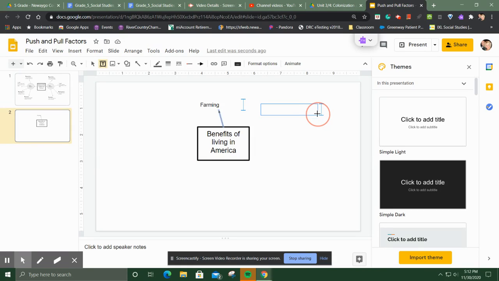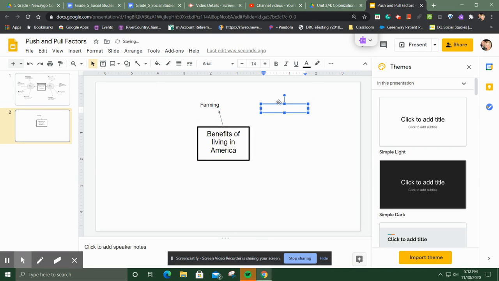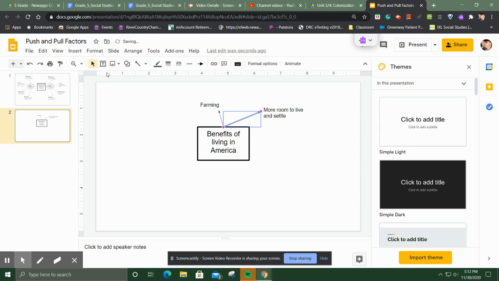Okay, the next one, more room to live and settle. And again, if you run out of room, you can make that text box bigger. So we're going to connect this one. There we go.